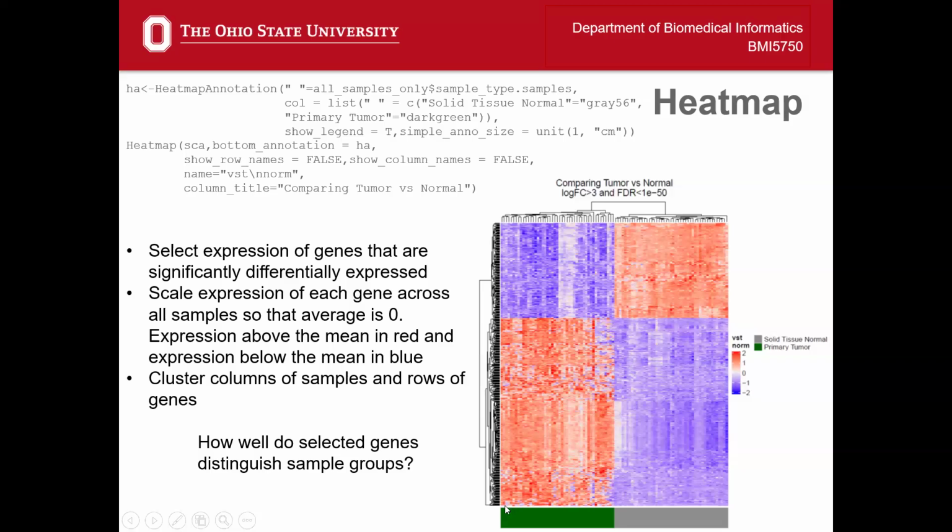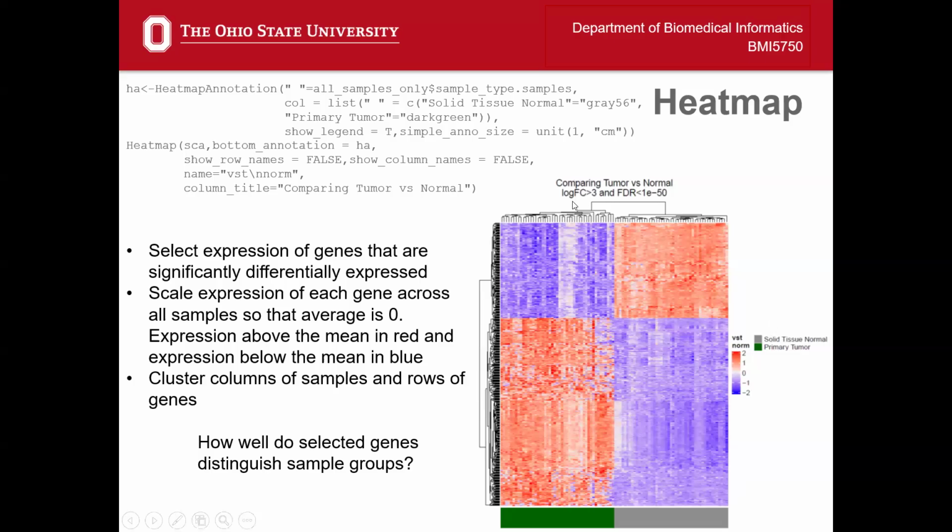Then one more thing I want to point out on this heat map is we can provide sample annotation. We can provide gene annotation. It would be on the rows here, but you can set up annotation for whatever you want to describe for your samples. Here, we are coloring this bar based on whether each sample is a tumor or a normal.